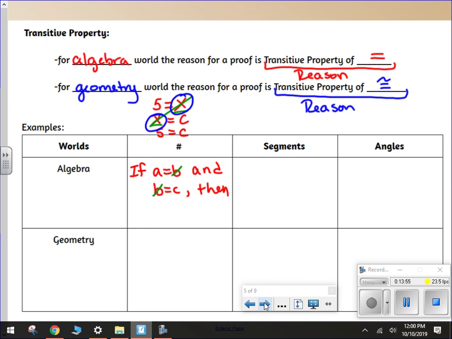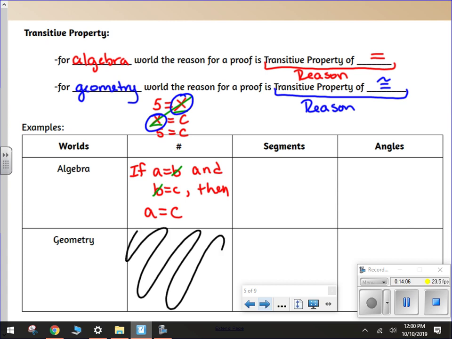Again, there's no number version for geometry. We'll actually use this property a lot, so it's important that we practice this and make sure we understand the transitive property. So an example of segments, and this might make a little more sense.